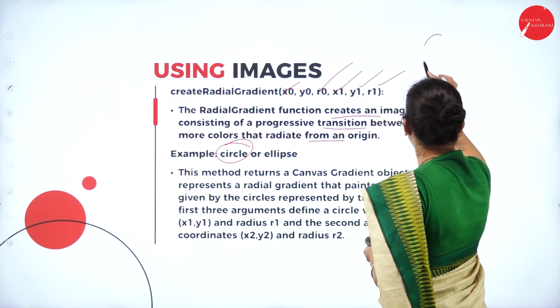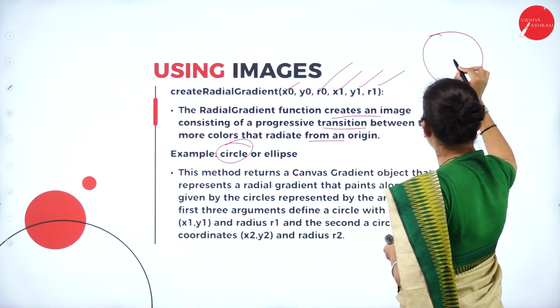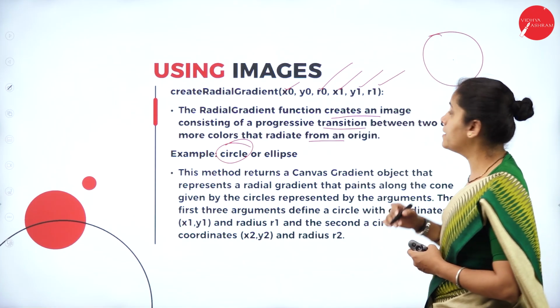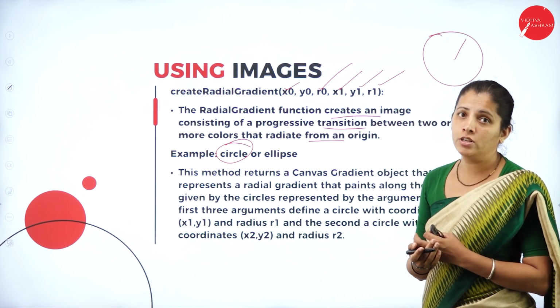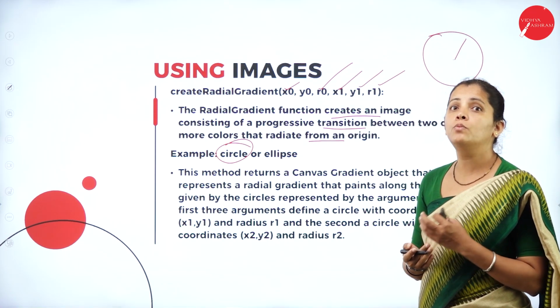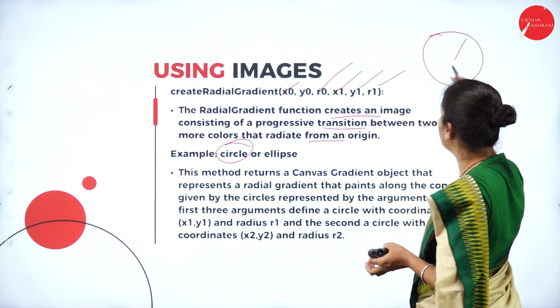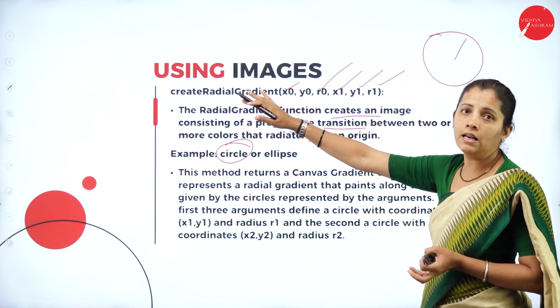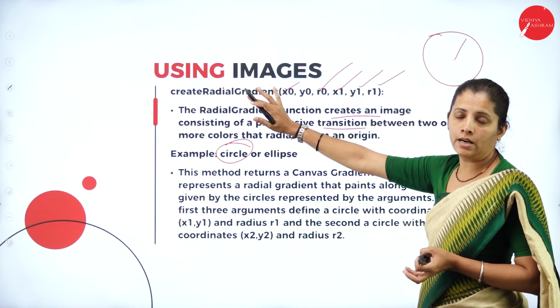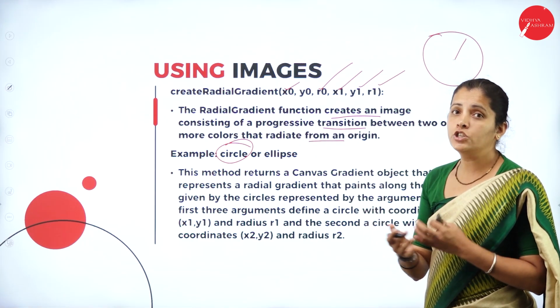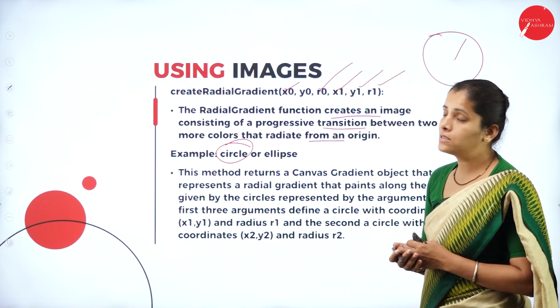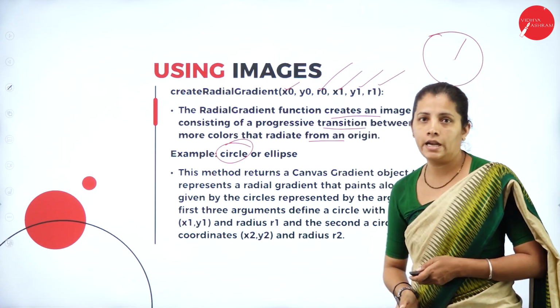See here, this is my circle and this is my central point. If I want color propagation between two or more colors, then I'll use radial gradients. The transition of two or more colors is known as a gradient.